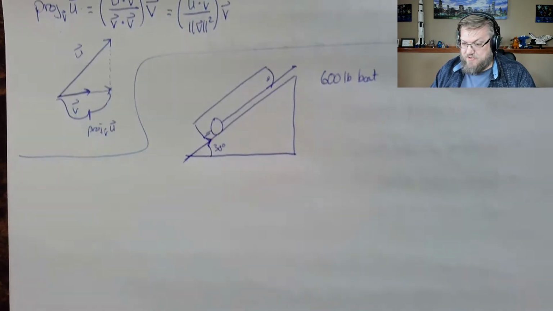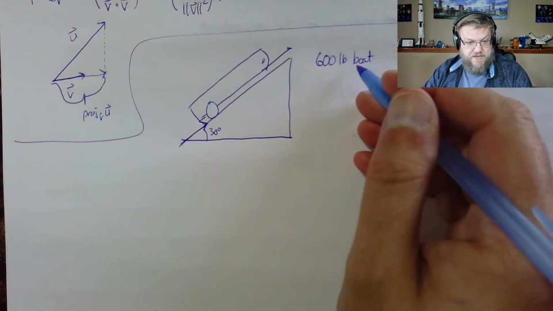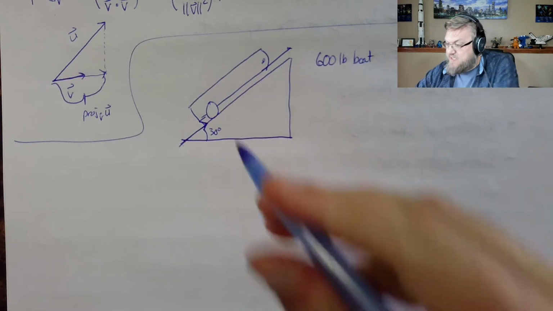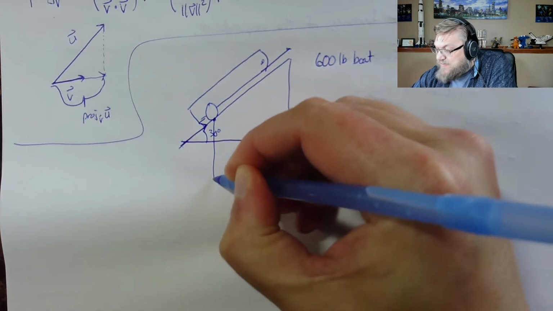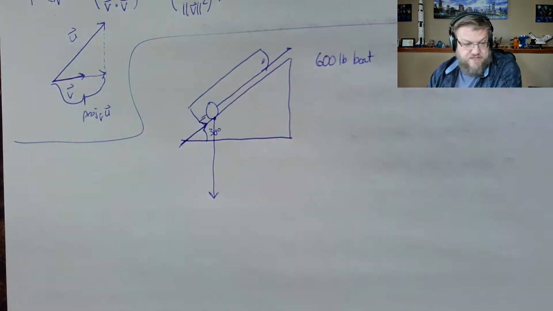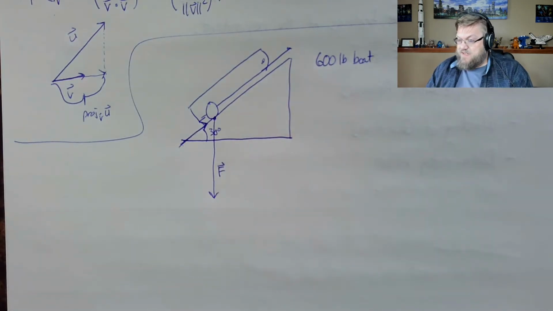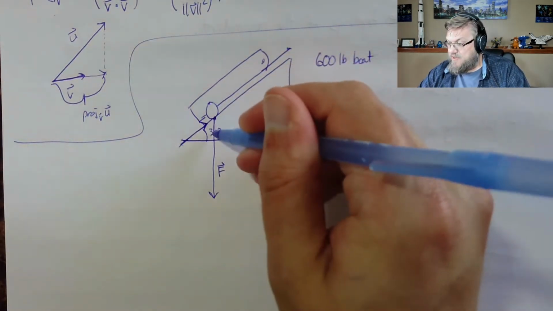Now, it's nice to draw a little picture here of what's going on. 600 pounds is the weight of the object, and the weight of the object acts downward. So that's a force acting in the downward direction. What I could do here is model that by drawing a vector straight down to represent the weight of this object. Let's call that capital F. The magnitude of capital F is going to be 600 pounds acting in the downward direction.